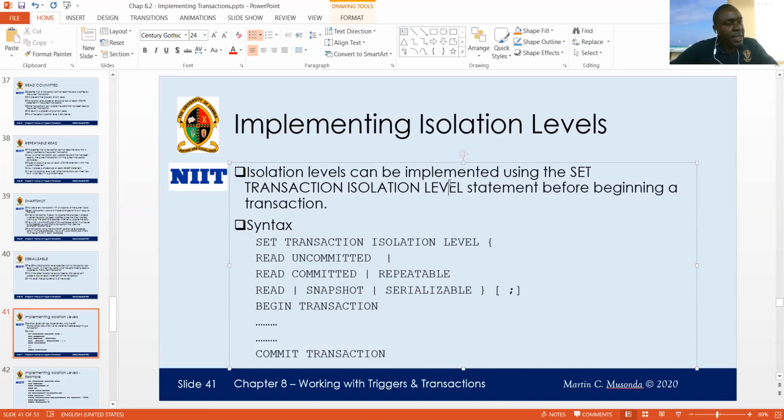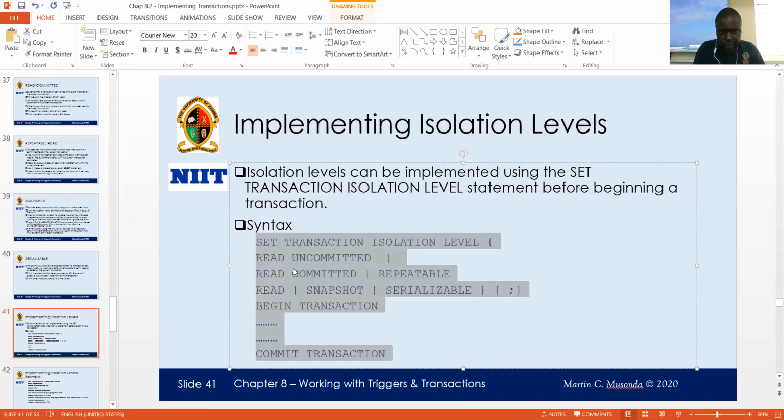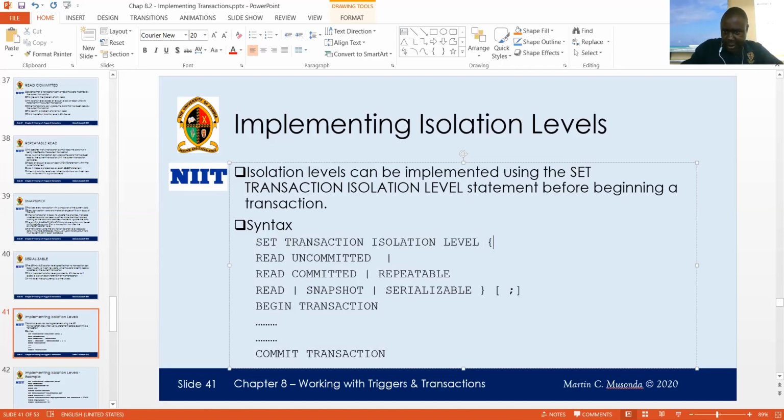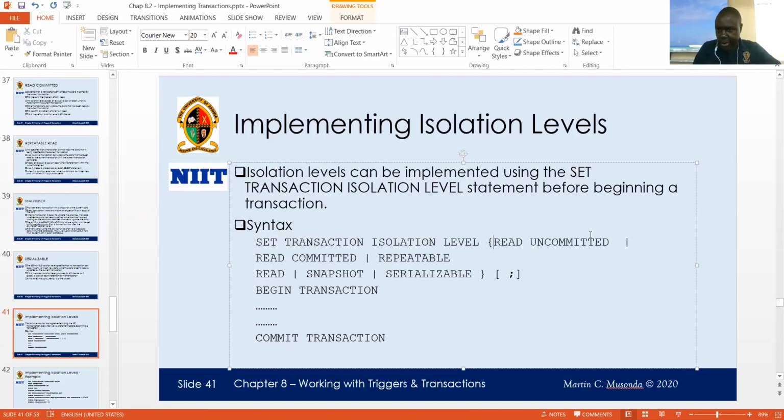And in certain cases, the results may not be what you are expecting. So for those particular cases, you can set the transaction isolation level. And to do that, you use the set transaction isolation level statement. So that's the syntax. Set transaction isolation level. And here you have a number of options, which we have just been looking at. Read committed.